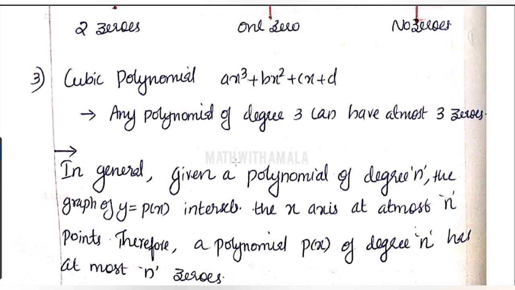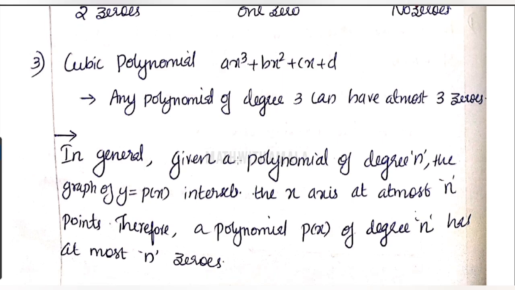We have already seen that any polynomial of degree 2 can have at most 2 zeros. So in general, given a polynomial of degree n, the graph of y equal to p of x intersects the x-axis at most n points. Therefore, a polynomial p of x of degree n has at most n zeros.